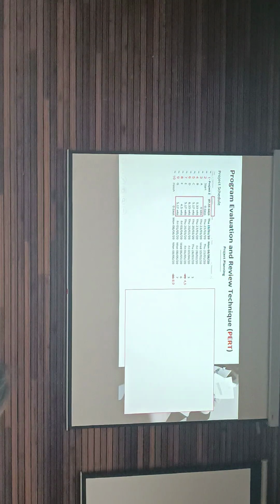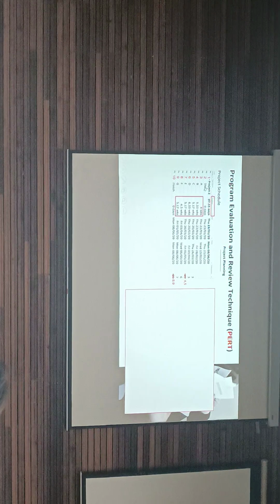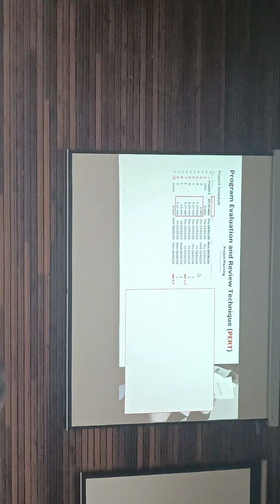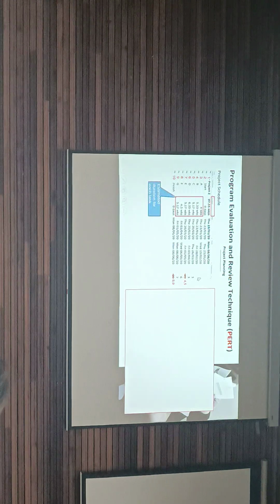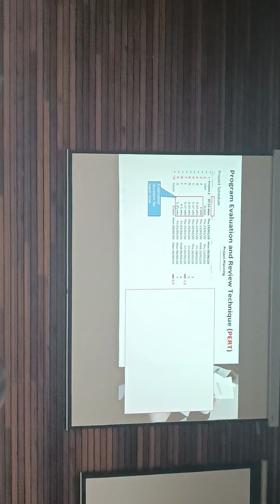Okay, program evaluation and review technique; you will know what this is later. In the project schedule, you can see the task, duration, start date, end date, and predecessor. The duration is the estimated duration for each task.